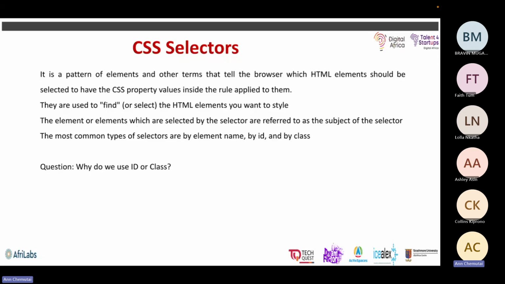So I've introduced the HTML attributes. You understand what is happening there. And then I said we can use the ID or the class to refer to a particular element or a group of elements. We can have the paragraphs.